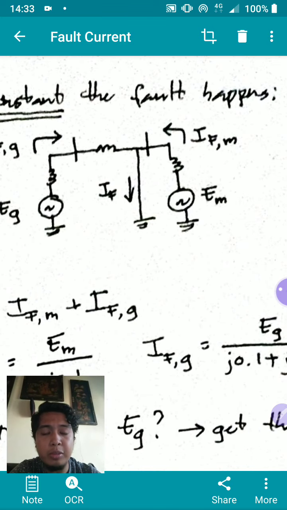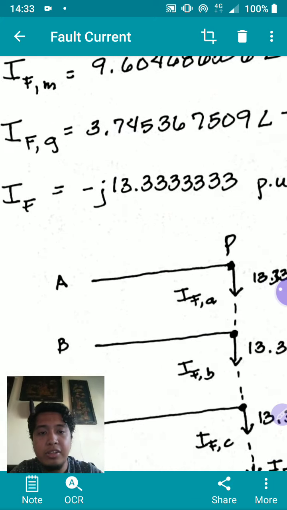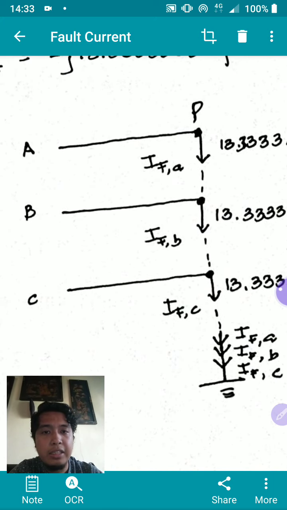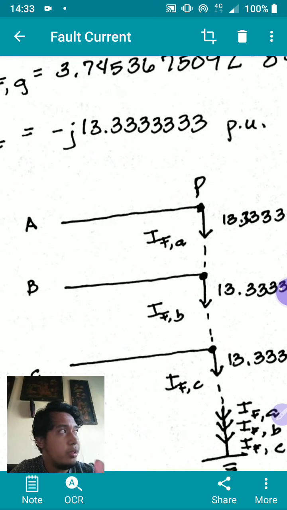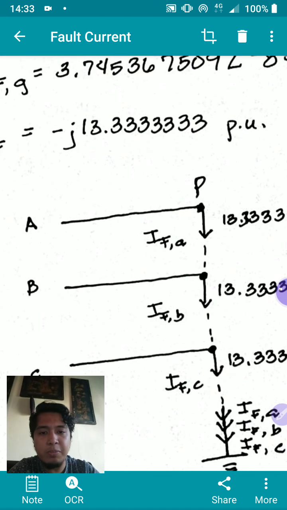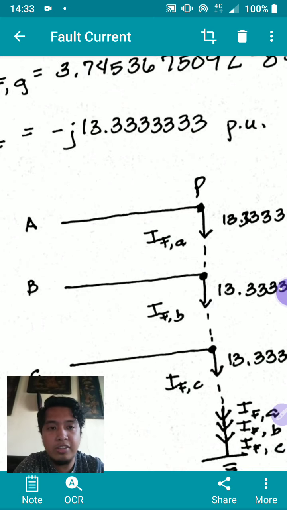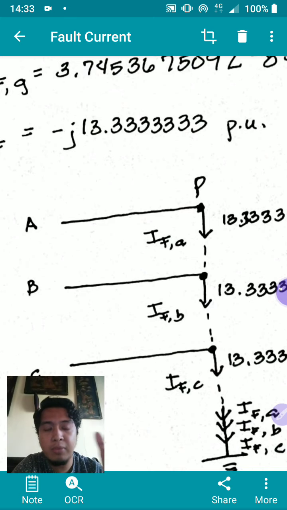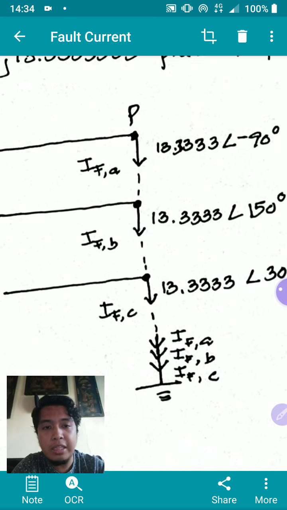So how do we interpret this on your three-phase line? On your three-phase line, these are your fault currents, IA, IB, and IC. Since your single line diagram is just a representation of one phase, just like your per phase analysis, your system is still balanced, so you just displace the currents by 120 degrees, then you get IB and IC.